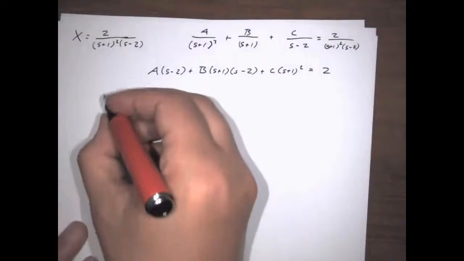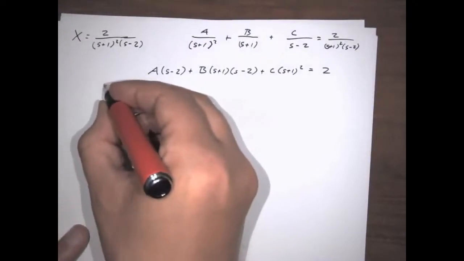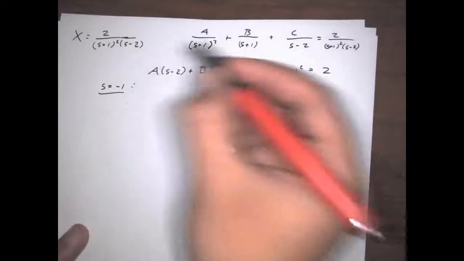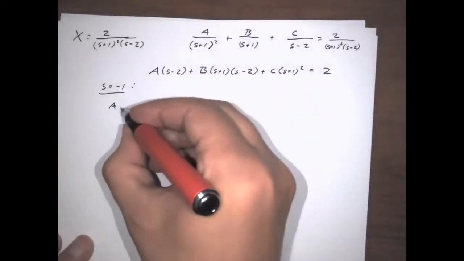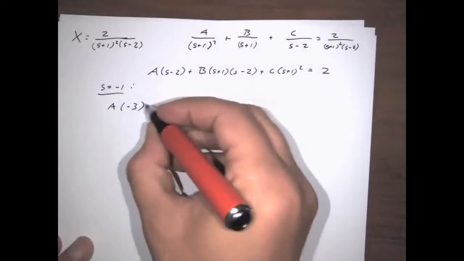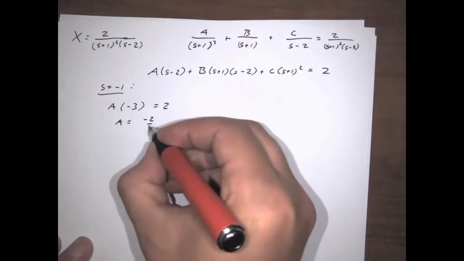Now here we can do similar stuff to what we usually do. So set s equals negative 1. That'll clear out everything except for the A. So then that's going to be A times negative 1 minus 2 is negative 3. And that equals 2. So that means A equals negative 2/3.